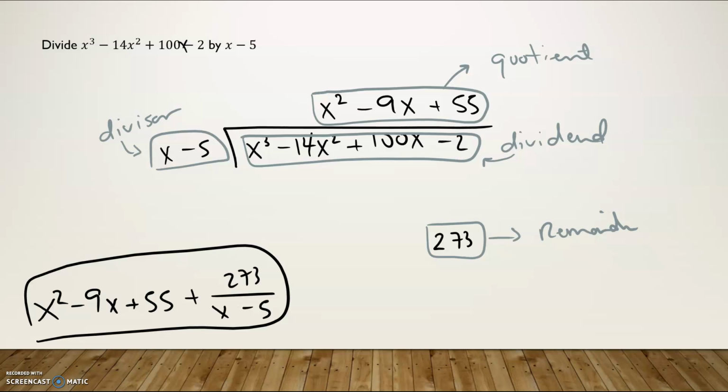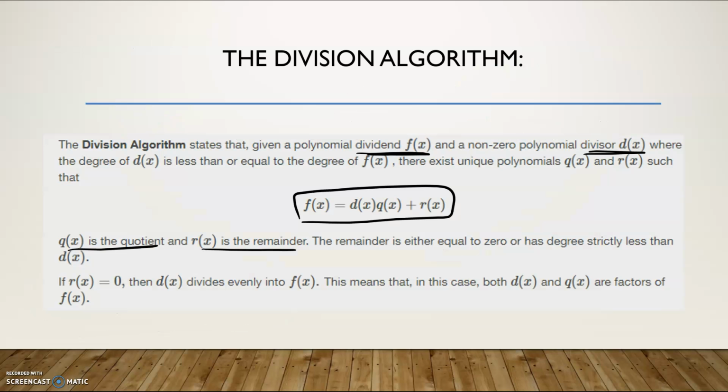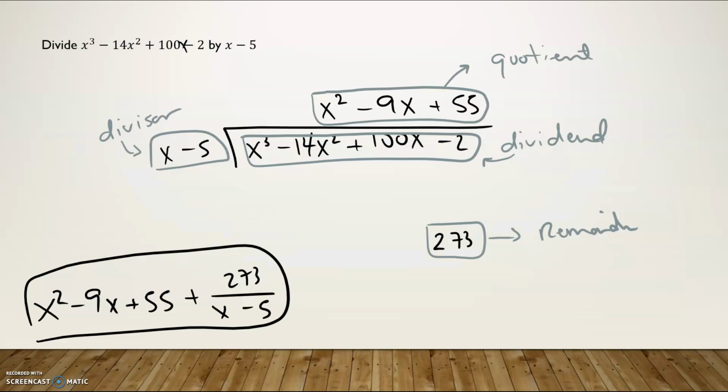Okay, now what we do is we take the divisor times the quotient and then add the remainder. So the divisor times the quotient, we would have x minus 5 times x squared minus 9x plus 55, and then plus the remainder.